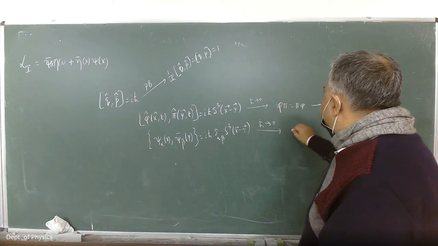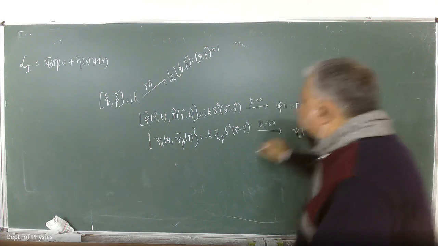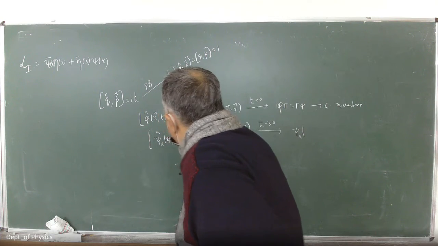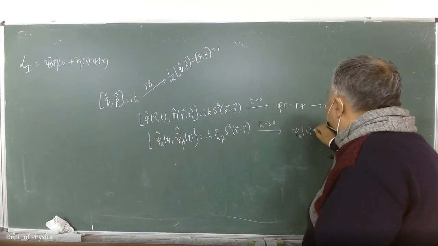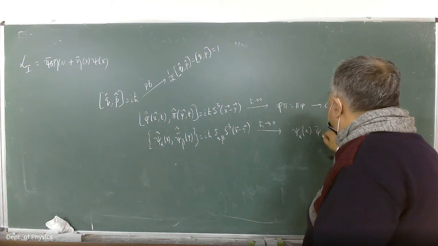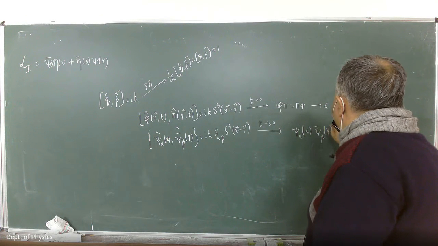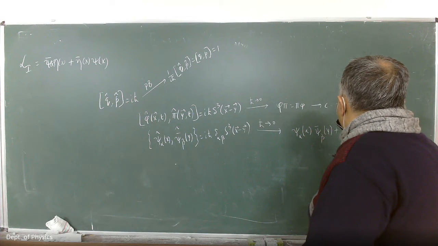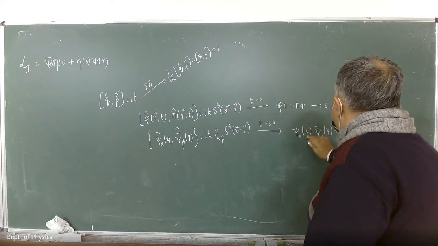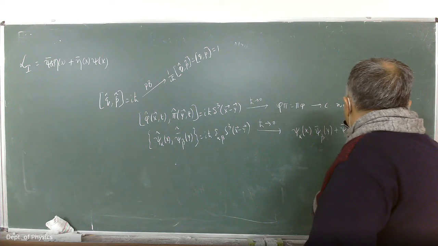Then psi alpha(x) are operators, but now they satisfy some strange rule: psi alpha(x) psi bar beta(y) plus psi bar beta(y) psi alpha(x) is equal to 0. So they add up to 0.